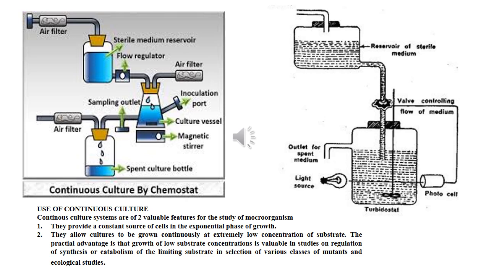The continuous culture provides a continuous source of cells at the exponential phase, whereas in the batch culture, the growth is in phases: the lag phase, the log phase, the stationary phase, and the decline phase.